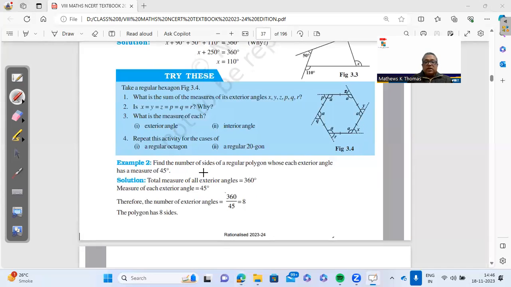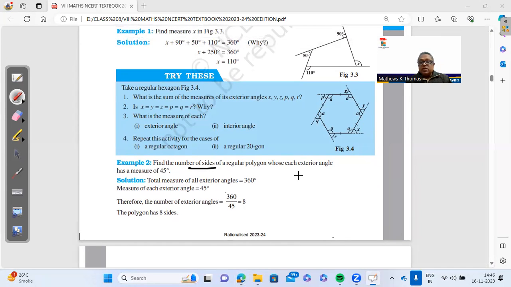Therefore, we can find the number of sides of any regular polygon. Regular polygon means a figure which has equal sides. The number of sides can be found by using this formula: 360 divided by the exterior angle.